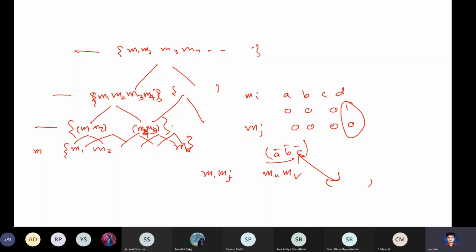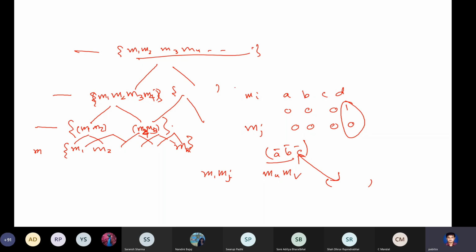So by this process, you come up with a set of implicants. In the final set of cubes or implicants, some cubes will not be combinable.